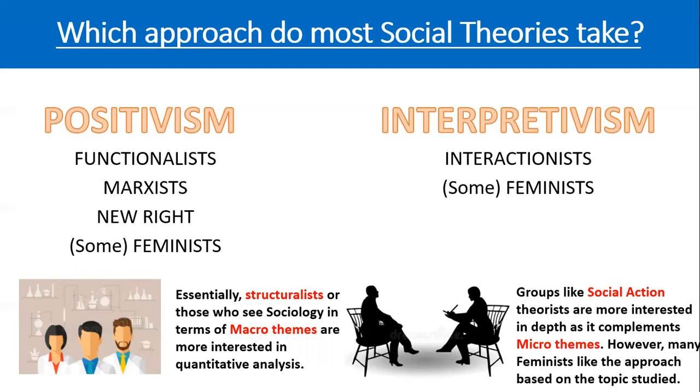And then on the flip side of that, you have the interpretivists, or the qualitative approach, which is generally associated with social action and interactionist approaches, so micro-sociology. You do have some feminist topics that are associated with interpretivism, but I think that really depends on what the topic is, and if it's, let's say, a sensitive issue that they're studying, they don't want it to be a big sort of cold and heartless questionnaire.